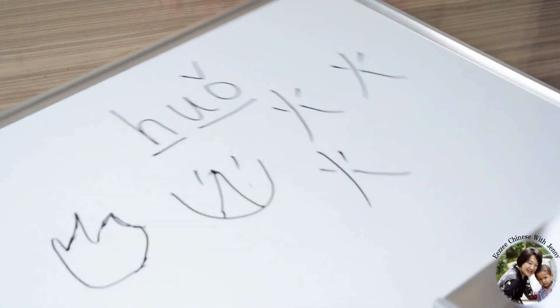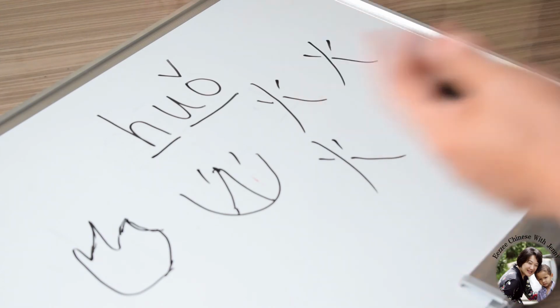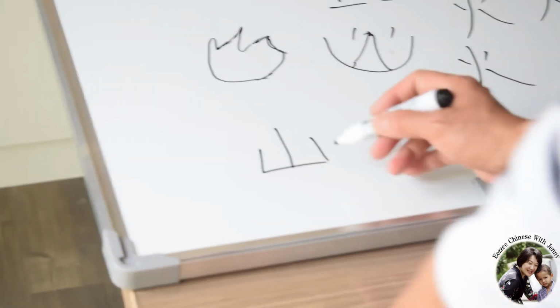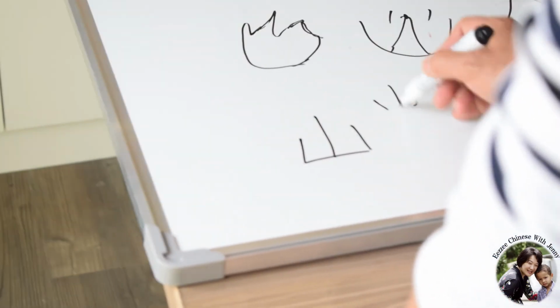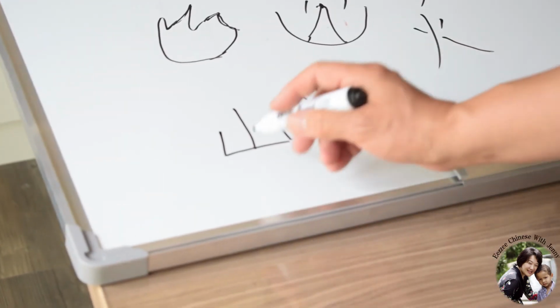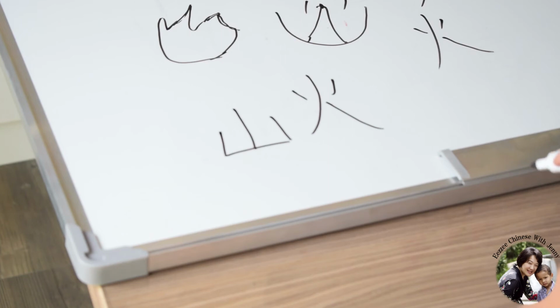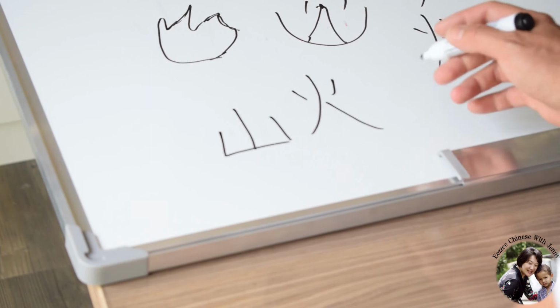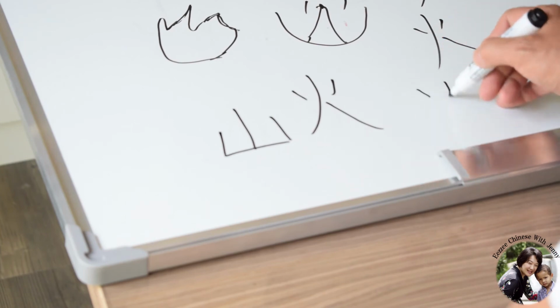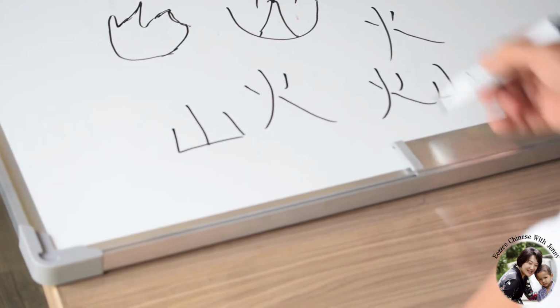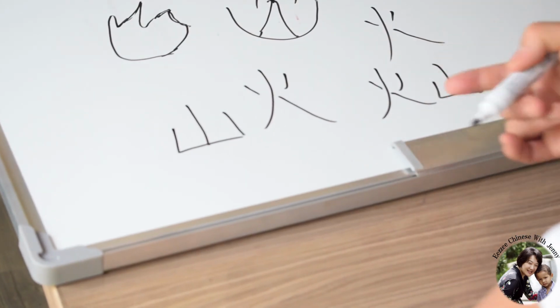Alright, if we form some phrases with the characters we have learned in the past, remember, mountain and fire together, 山火 means the mountain fire. And if we put it the reverse way, we say 火山, 火山 means volcano.